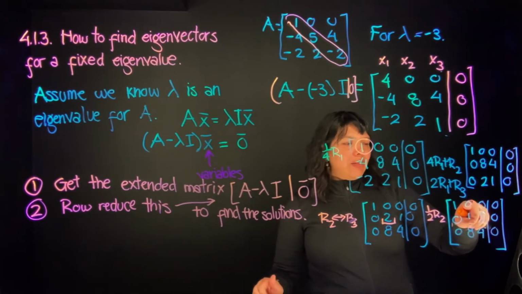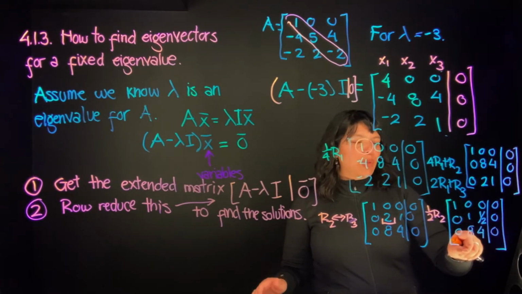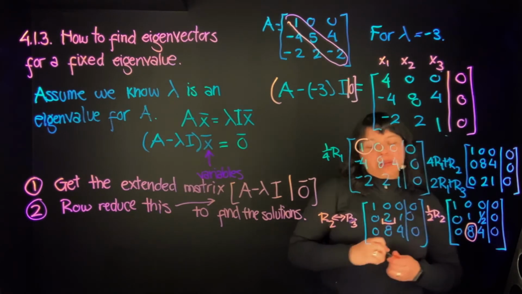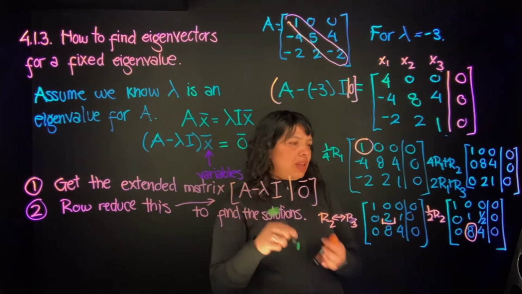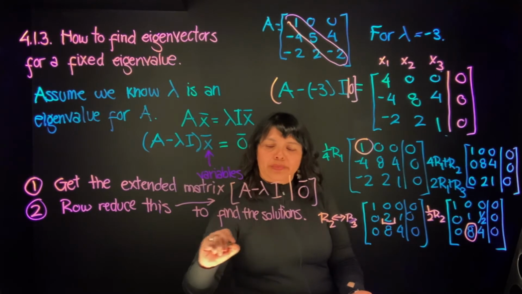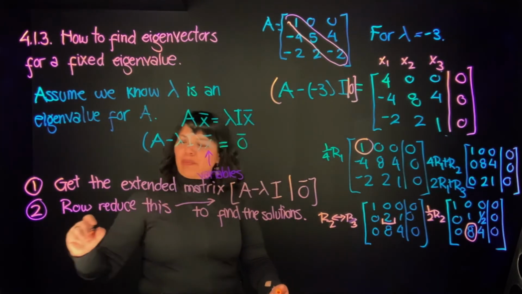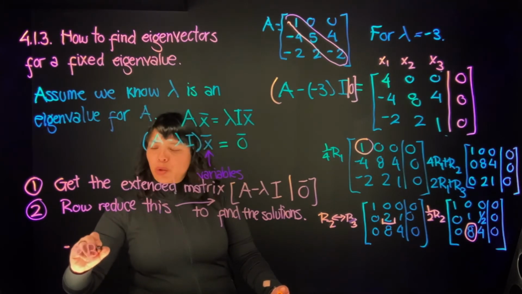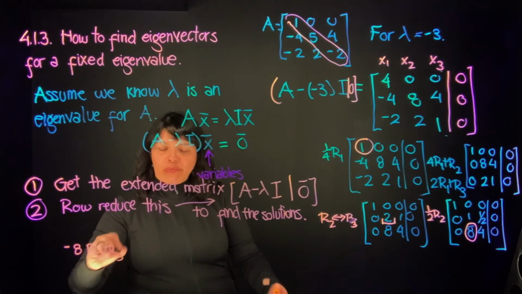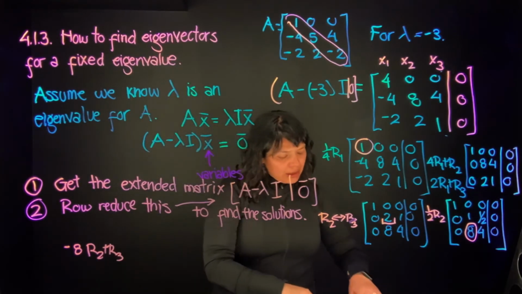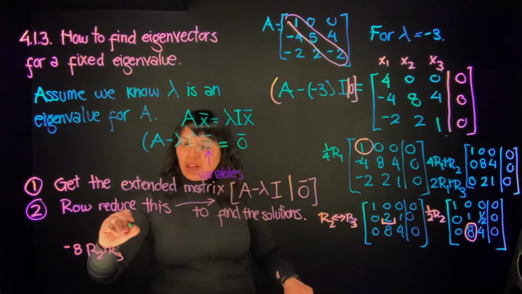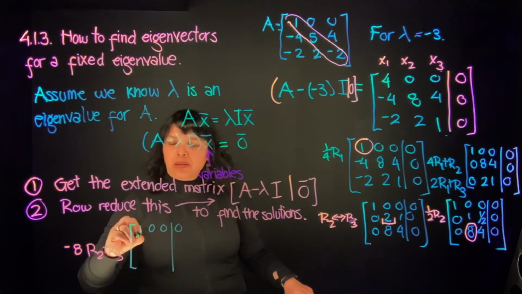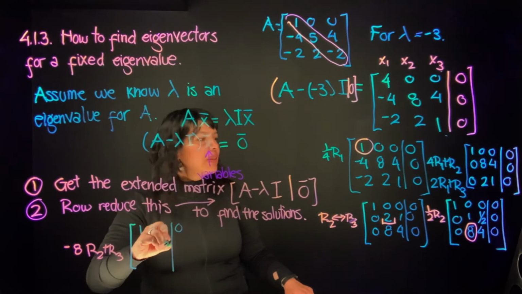If you see, I already have a 0 here, so I only need to convert this into a 0. So I do -8 times row 2 plus row 3. And I end up getting my matrix 1, 0, 0, 0, 0, 1, 1/2, 0.